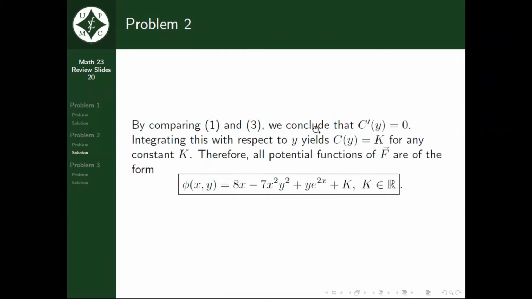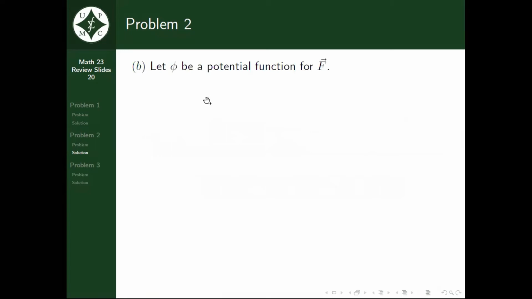Next, let phi be a potential function for f. Our given there, which you can see by rewinding this YouTube video, is a three-dimensional vector field. So it's conservative. That means its components are all partial derivatives.